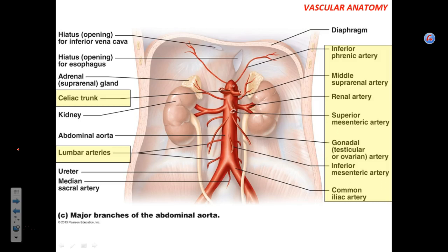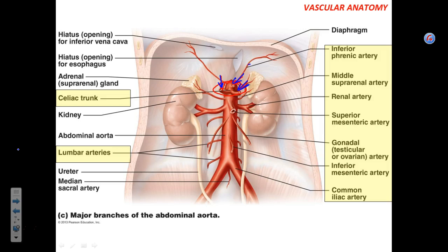So the most superficial is the celiac trunk. Okay? Common hepatic, splenic, and the gastric artery. They branch off the celiac trunk. Common hepatic here, splenic, which will become gastroepiploic eventually, and gastric.